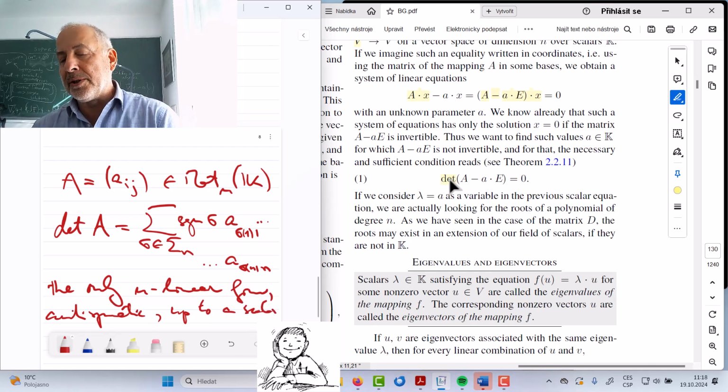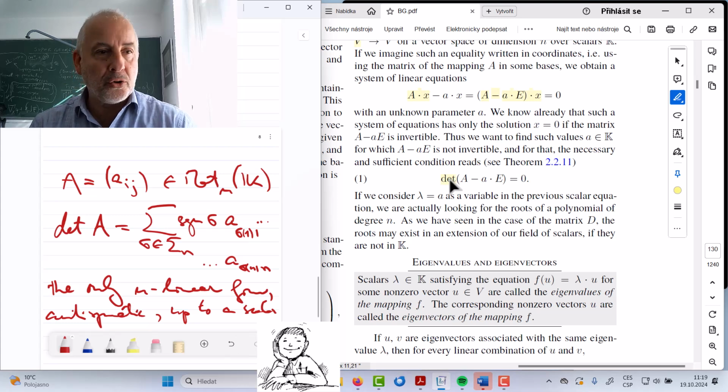So the determinant is n-linear, you see it immediately, and it's antisymmetric because if we swap two columns, it will swap the sign of all the permutations, and we get the thing.